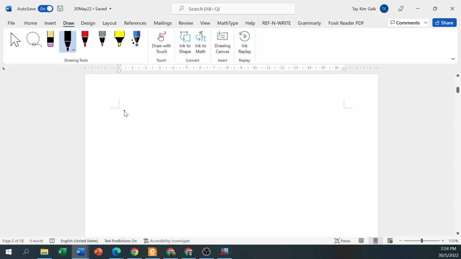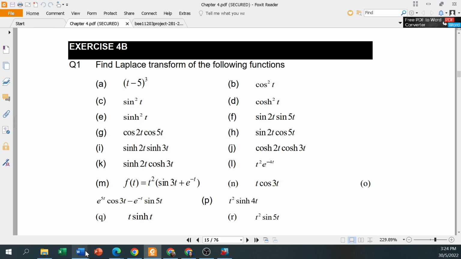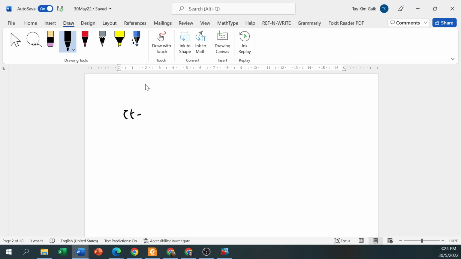And you got the, expand first, t minus 5 power 3. You can expand it. This will be t power 3. This is using the binomial expansion.